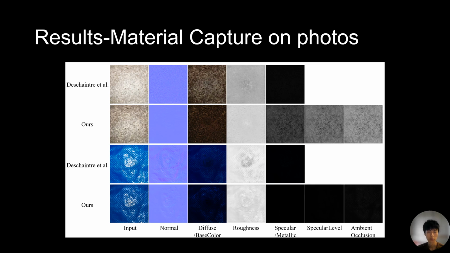And here is a capture solution comparison on real photos. We can see that our work has better performance, especially in this highlight area. Our method has shown its robustness towards the interference of strong lighting areas.